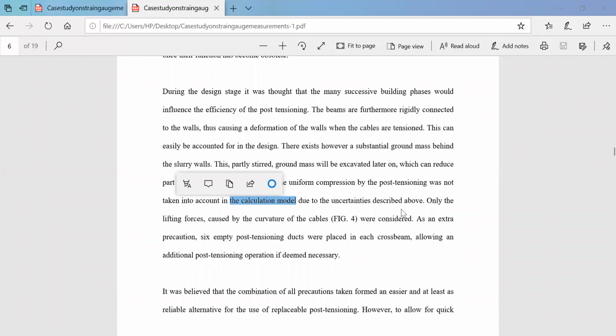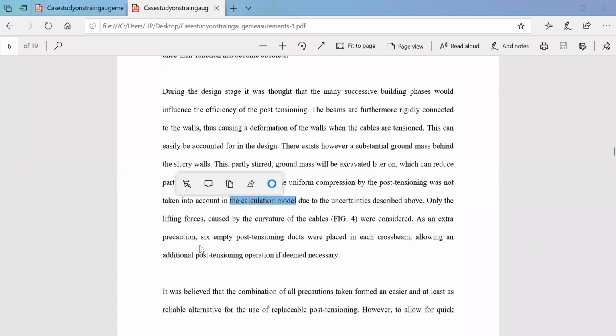The uncertainties they have faced are listed below. Only the lifting forces caused by the curvature of the cables were being considered, not the other remaining forces which come into the picture across the beam. Also, as an extra precaution, 6 empty post tensioning ducts were placed in each cross beam. So you'll have different cross beams along the length of the span of the beam.